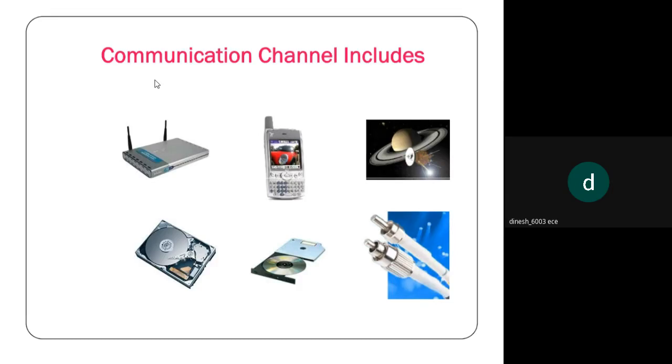Okay, communication channels. Can you tell me these 6 different devices that you're able to see? Anybody can answer, those who are familiar. The first one looks like a router. Router, very good. The second picture is a mobile phone, cellular phone. The third one is a satellite image.